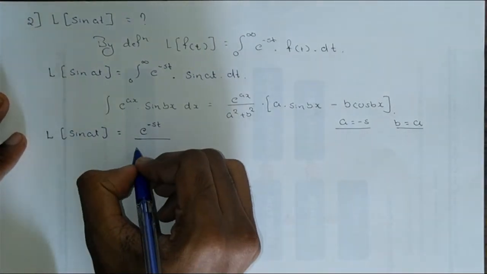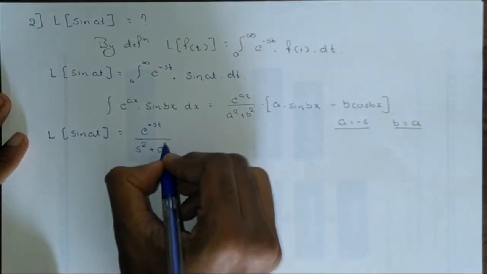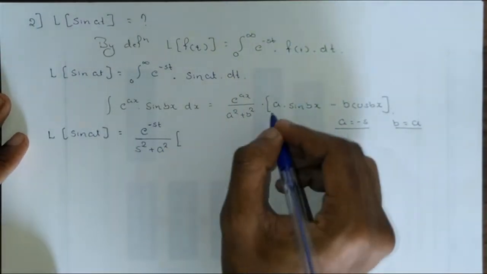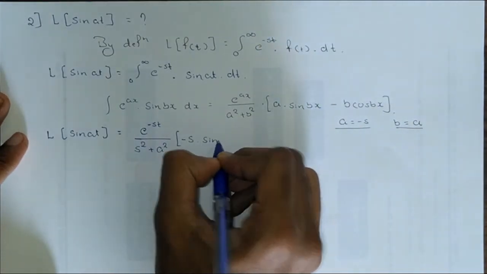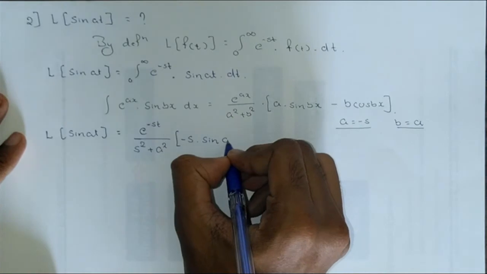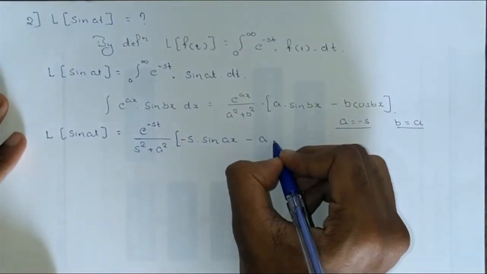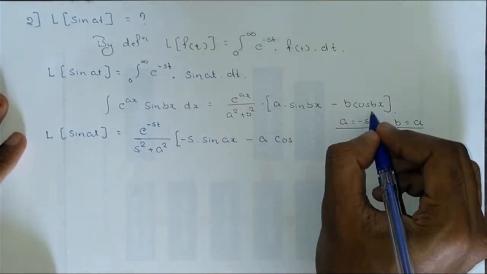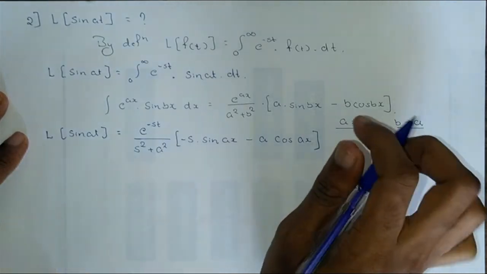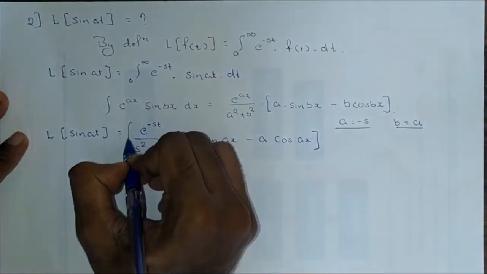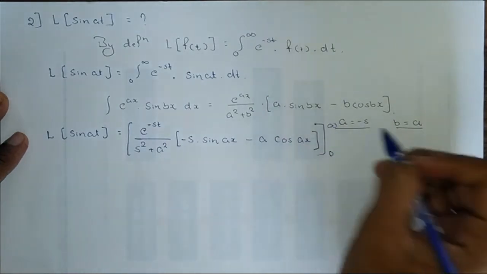Minus st upon a square plus b square, bracket a means minus s sin bx means ax, minus b means a cos bx, cos ax. Is it clear? Now its integration tends to 0 to infinity.